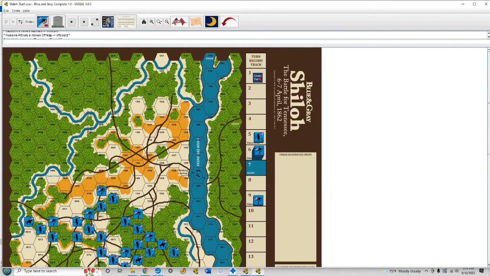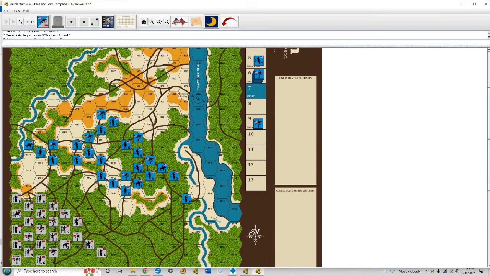So let's start with game turn 1. In this specific game, the Union is not going to be able to do anything but back up for the first 2 turns. So the Confederacy starts, so let's just play those turns out here. What we're going to try to do is hit this flank and destroy it really quickly, see what happens there. Also got to remember to keep my artillery back away from battle.